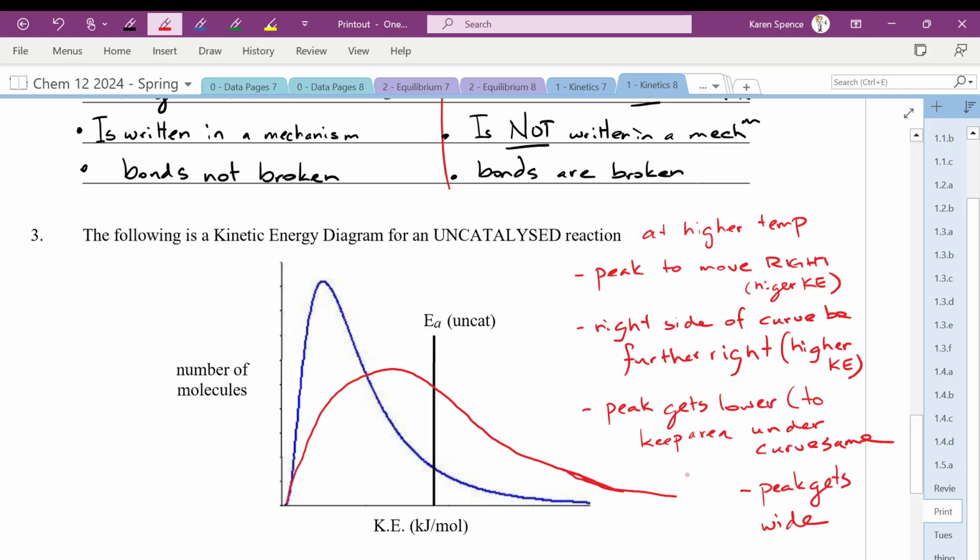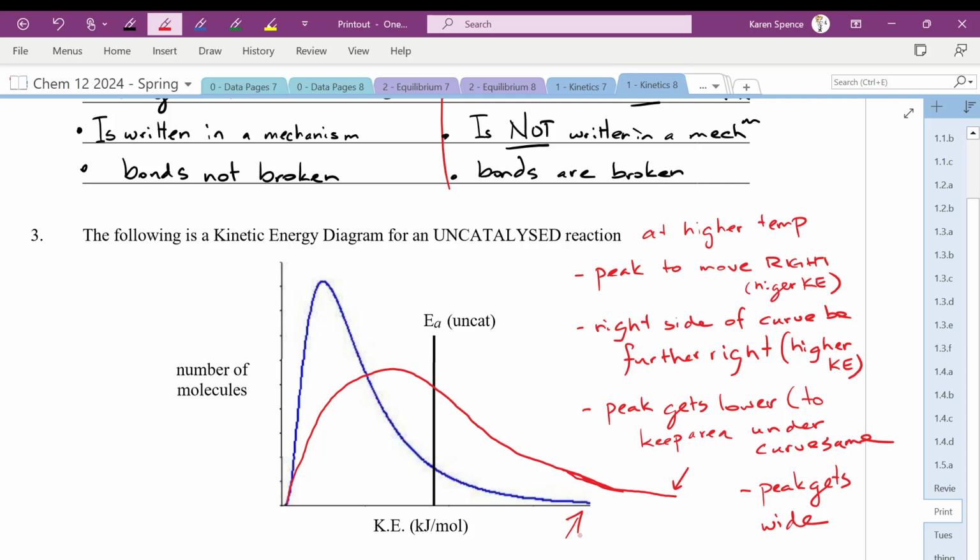Okay, so these particles out here are my fastest particles. My fastest particles for the hot temperature are faster than the fastest particles at the low temperature. Even though technically the fastest particles are at the end of the universe, because you can get infinitely fast, theoretically, to the speed of light, I guess.